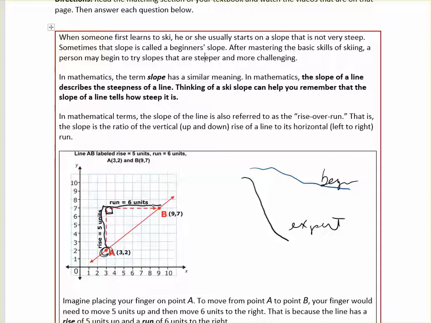You can find the slope by doing this. Our rise was 5 units, and to count that, you count the squares, not the lines. So there's 1, 2, 3, 4, 5 squares. And the run is 1, 2, 3, 4, 5, 6, from the corner to B. So we would say 5 over 6 is the slope of that line.